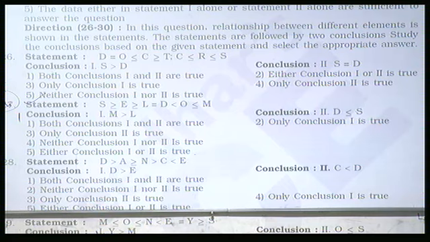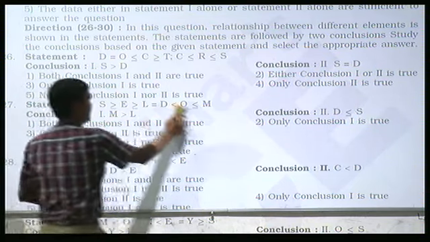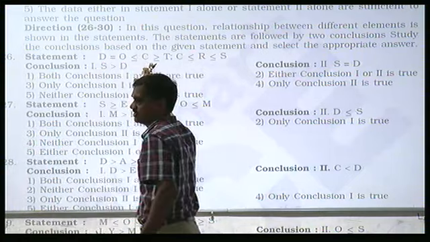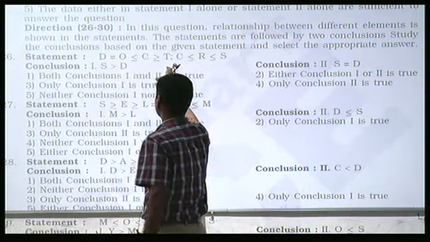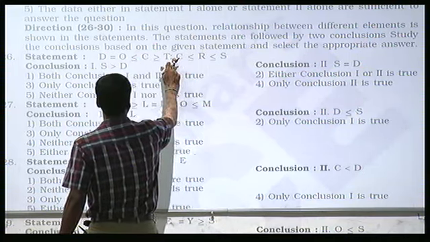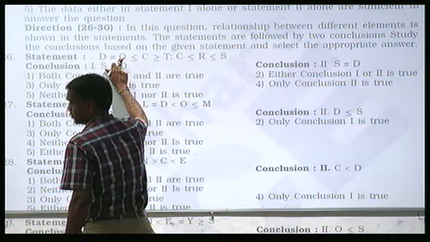The relation between S and D. S is here, D is here. What is the element which is common between these two? C is common, isn't it? Then how to come to this C? Now C is lesser than or equals to R and D equals to O, isn't it?